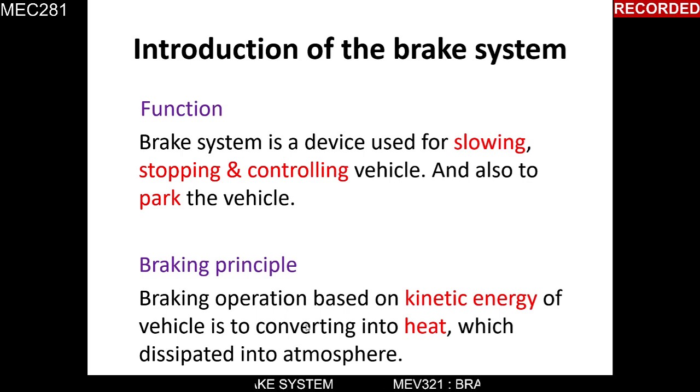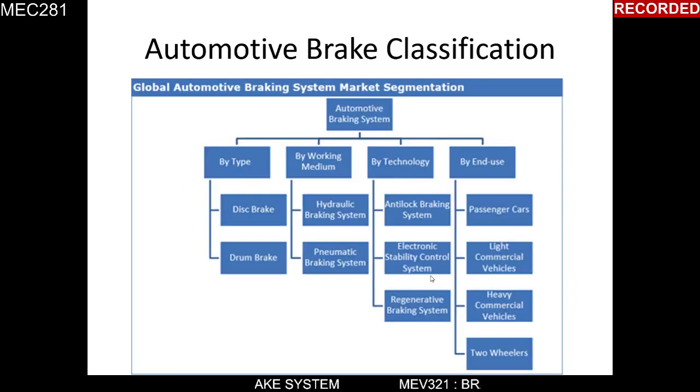Okay, so we have many classifications. The brake systems are classified based on the type, the working medium, the technology, and also the end use. For the type, there are two types that are commonly known nowadays: disc brake and drum brake.